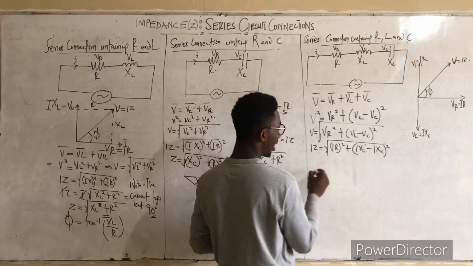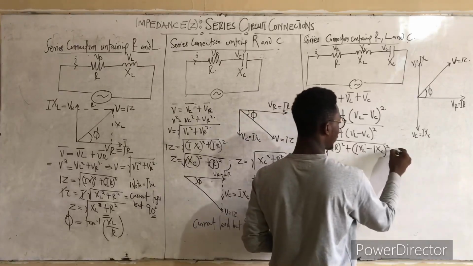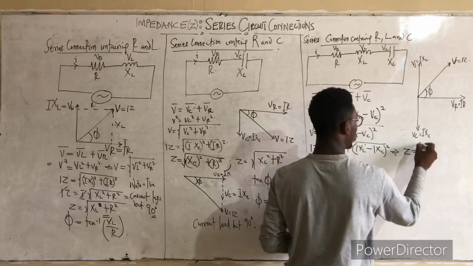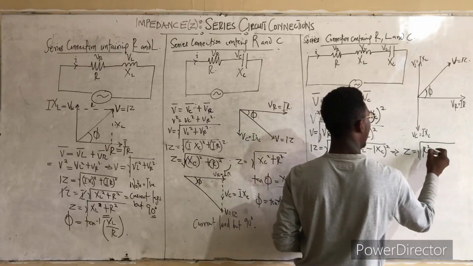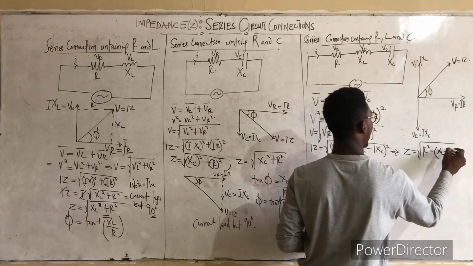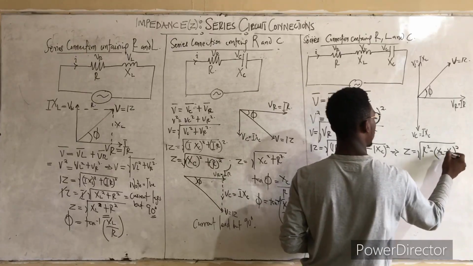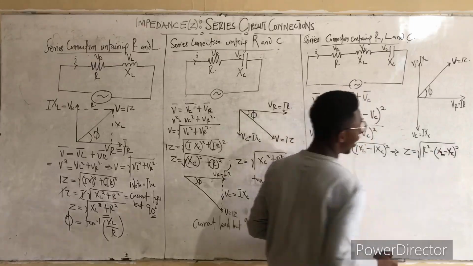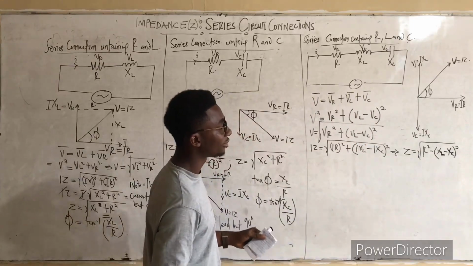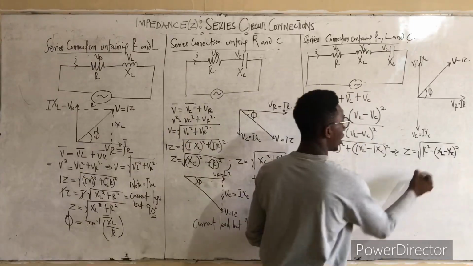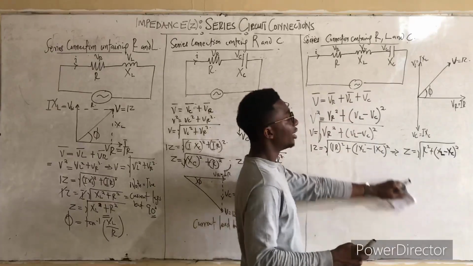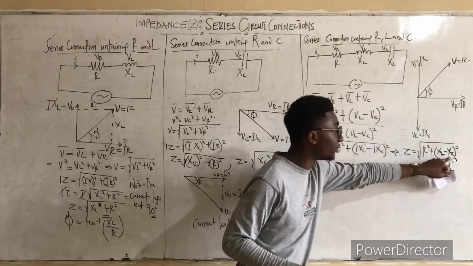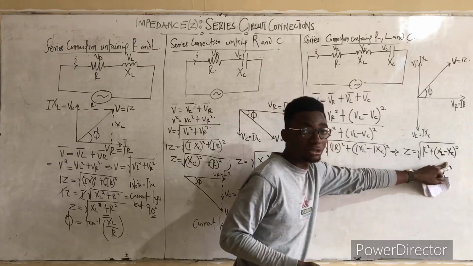When you do this, you realize that finally you'll be getting your Z to be root of R squared plus XL minus XC squared. Now, this does not always work, XL minus XC can always change because whether it's negative or positive, you should still get a positive value.